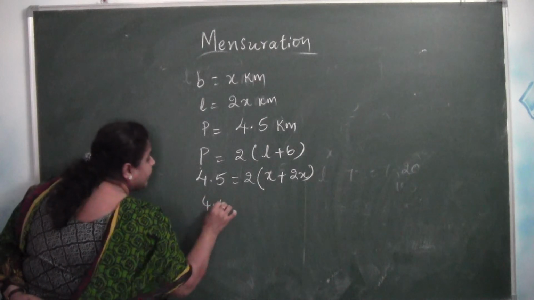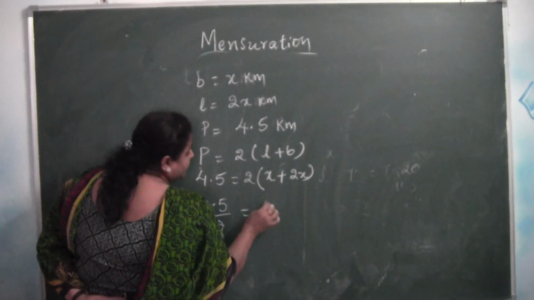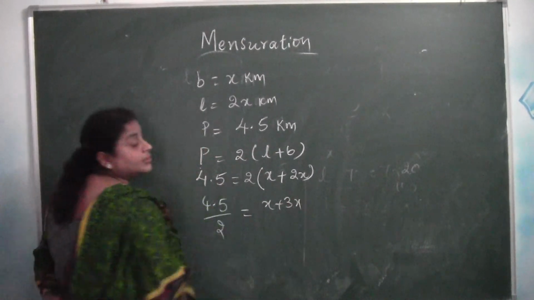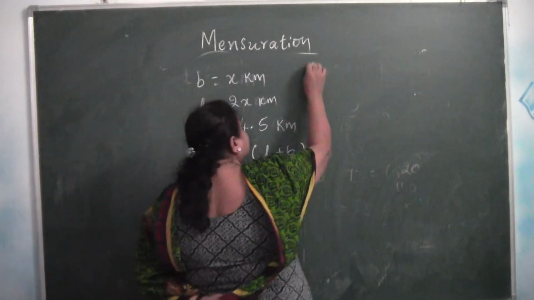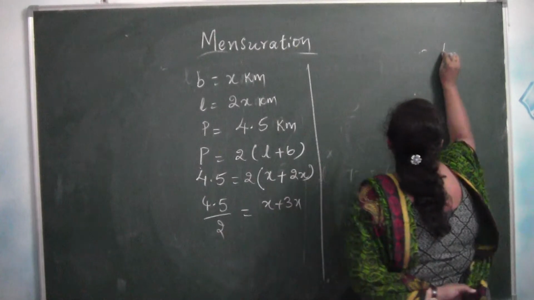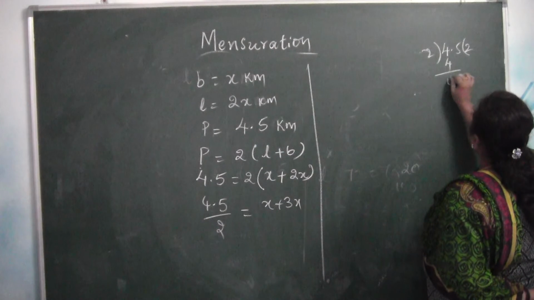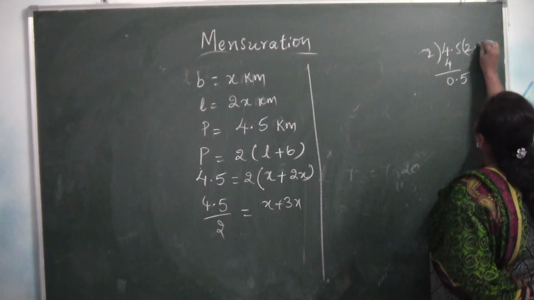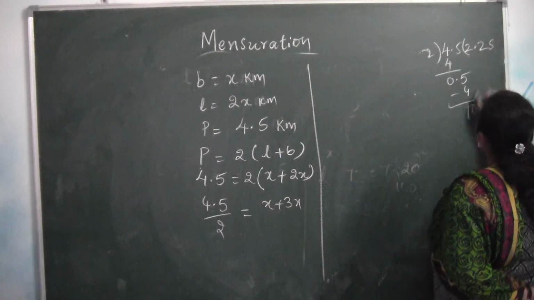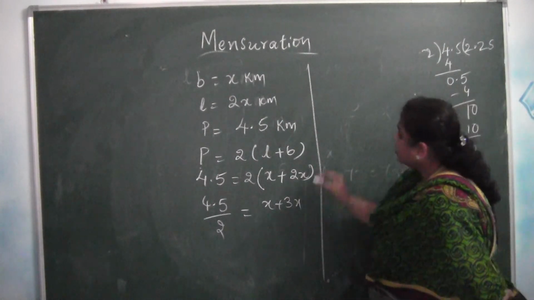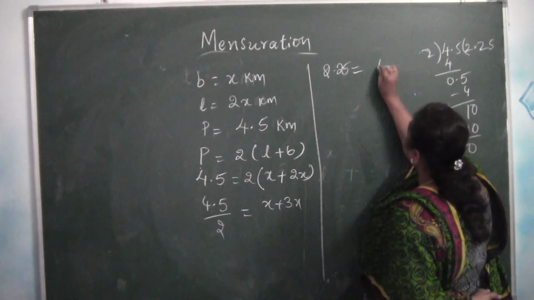Now 4.5 by 2 is equal to x plus 2x, that is 3x. Now 4.5 by 2. 2.25 is equal to 4x.